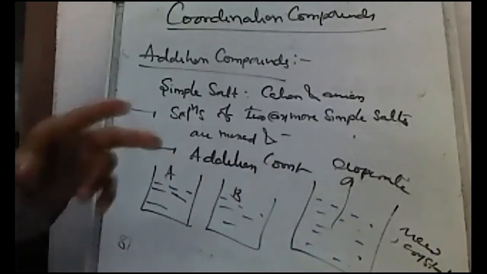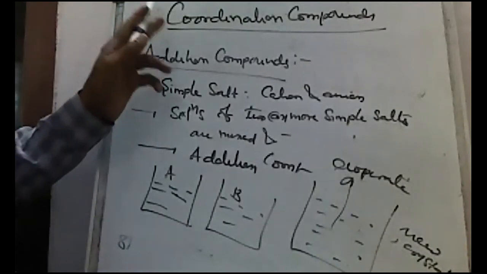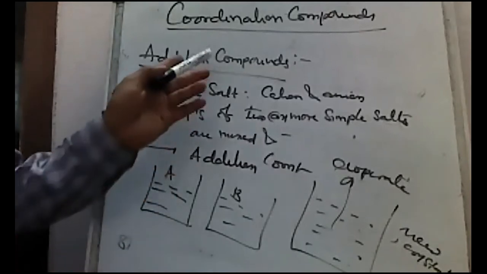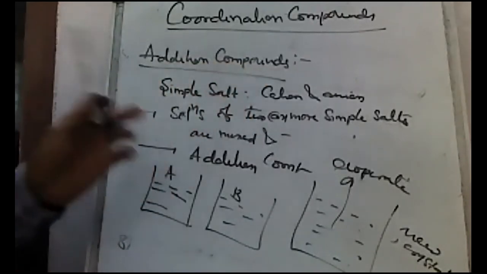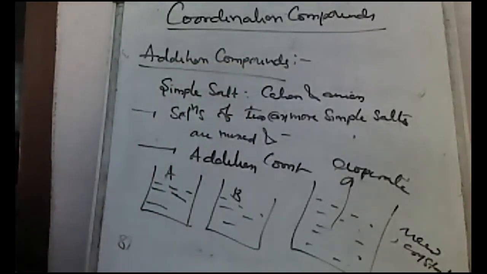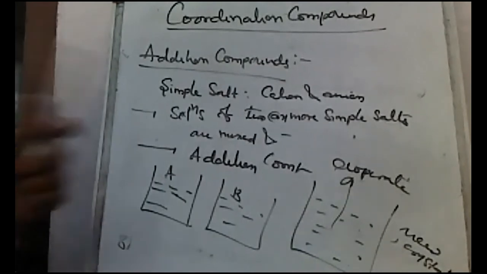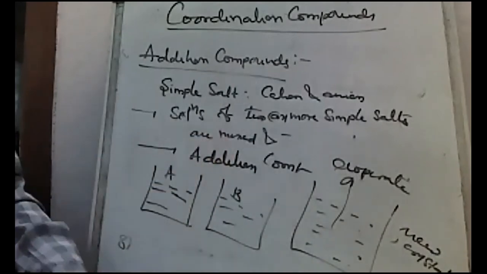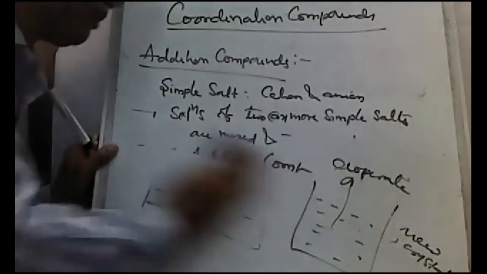That new compound we are calling the addition compound. Addition compounds are formed by the mixing of the aqueous solutions of two or more simple salts and allowed to evaporate.